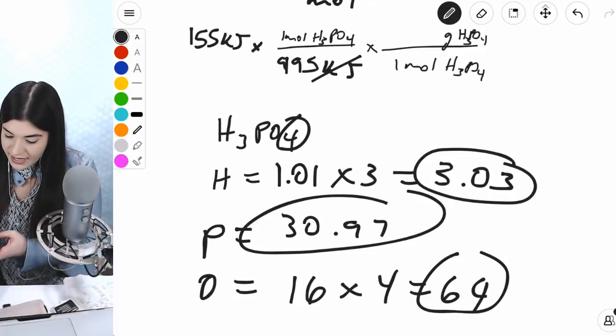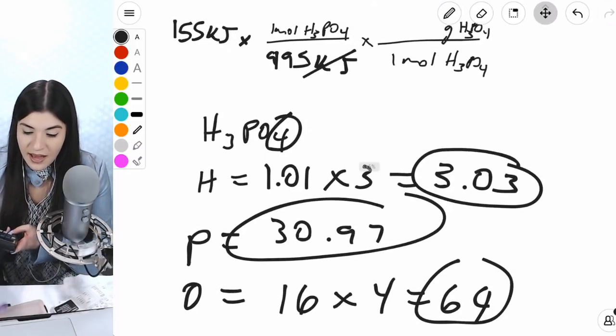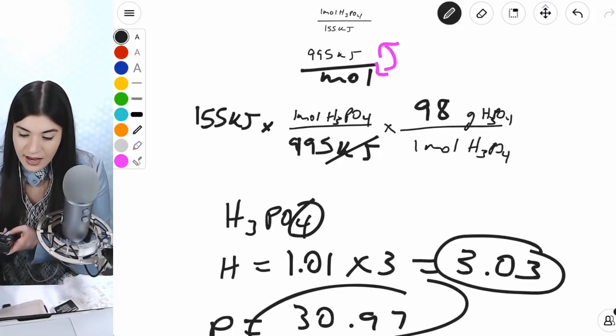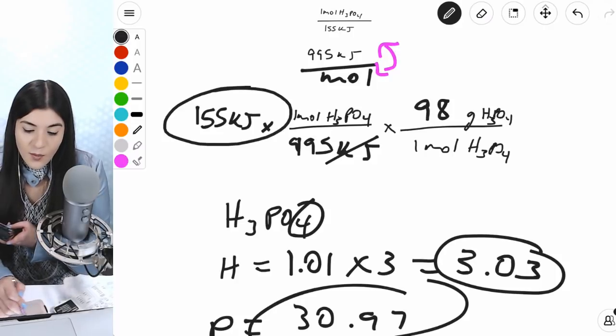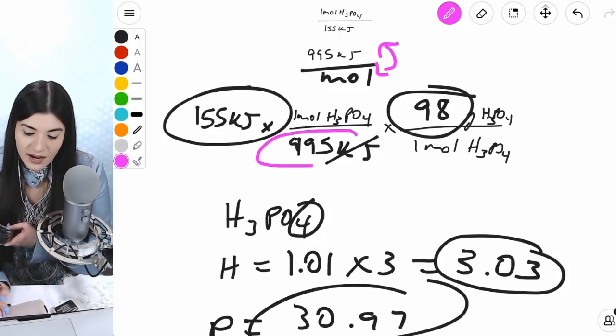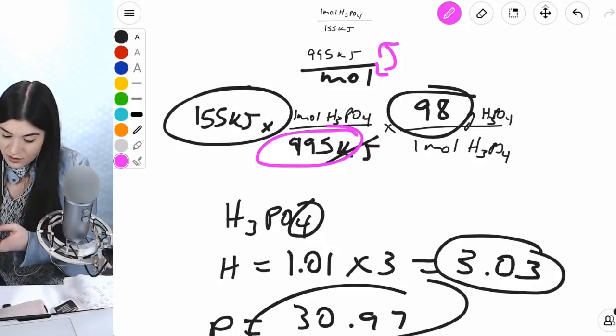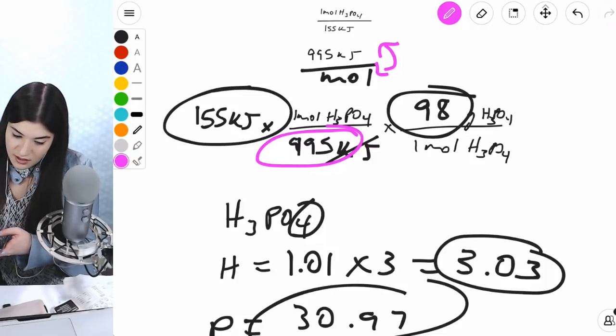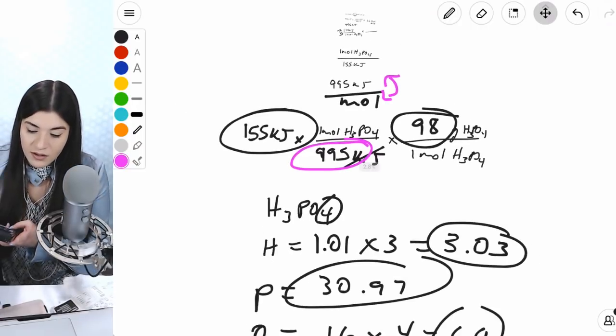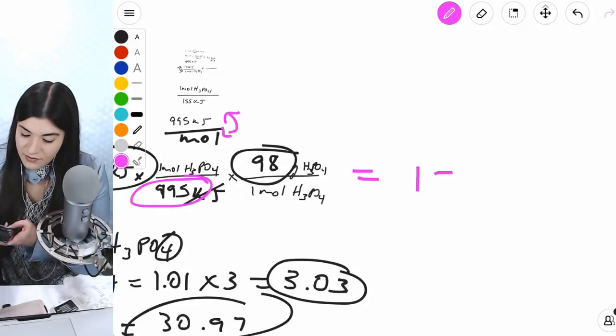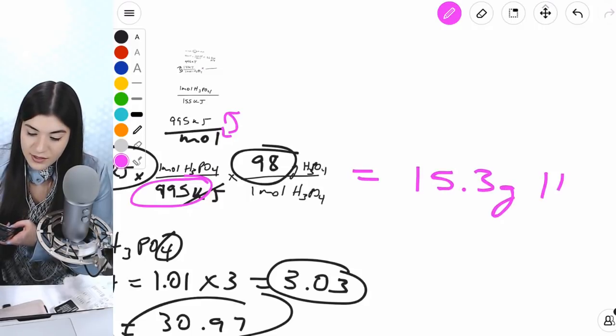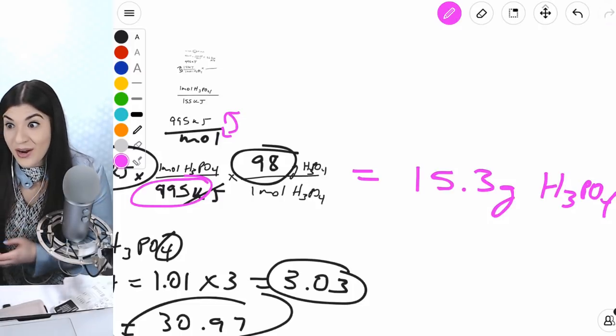So 3.03 plus 64 plus 30.97, and that gives us 98. And then we'll multiply straight across, multiplying these two together and dividing by this bottom value. We will get 15.3 grams of phosphoric acid. Okay, that would be it for that part.